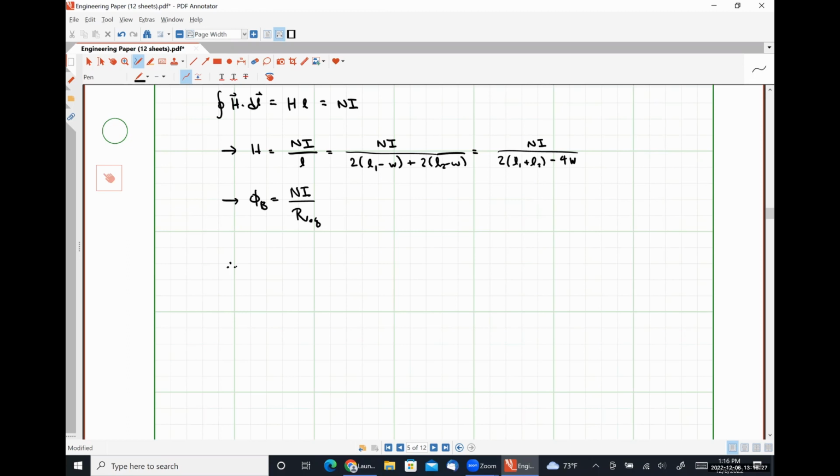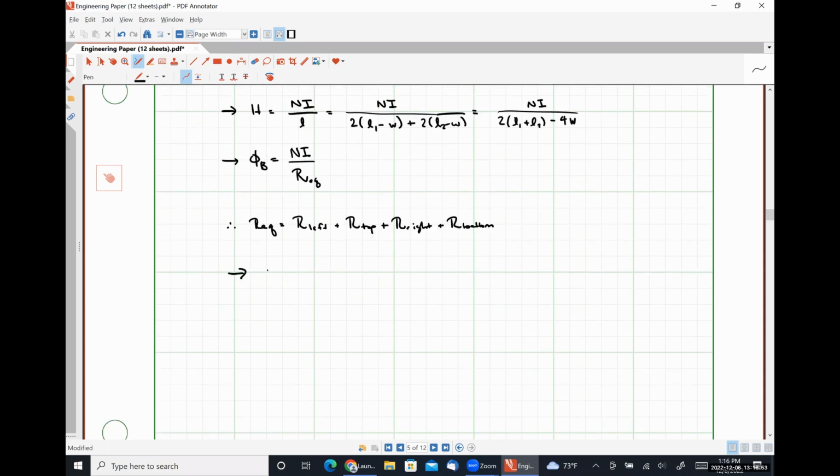Our equivalent reluctance is going to be the reluctance of the left-hand portion plus the reluctance of the top plus the reluctance of the right-hand portion plus the reluctance of the bottom, where the reluctance of the left-hand portion will be exactly equal to the reluctance of the right-hand portion because they have the same length that the flux travels as well as the same cross-sectional area.